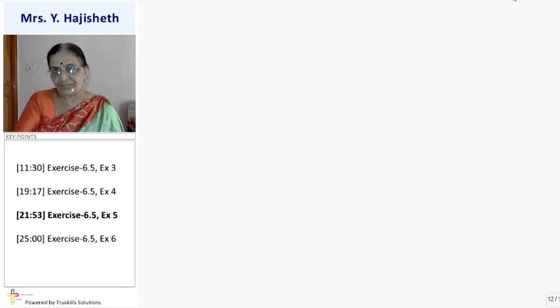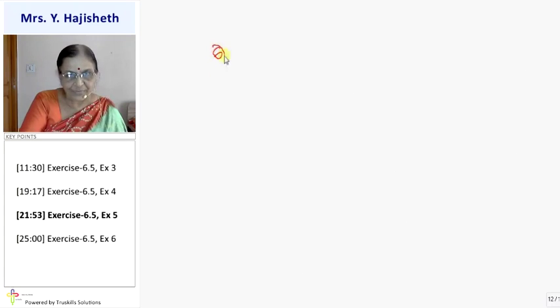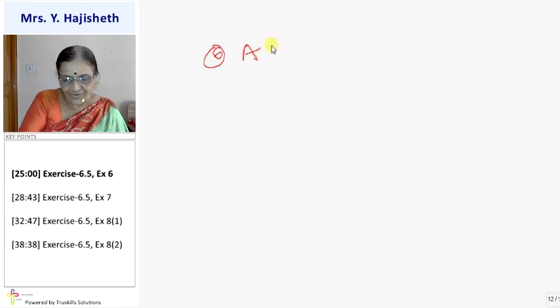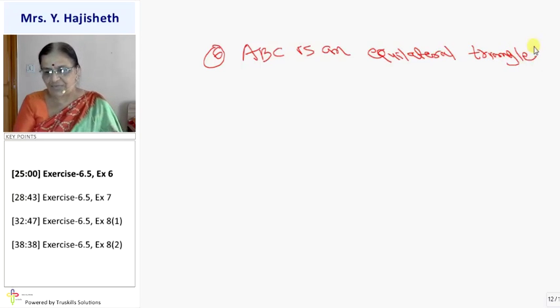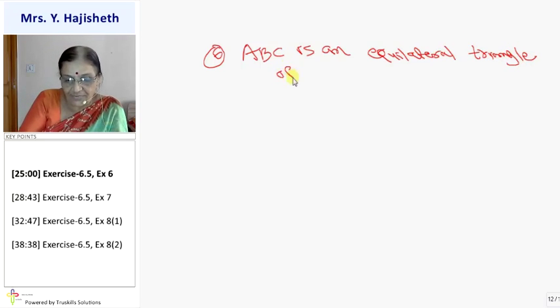Very simple sum. Sixth sum is: triangle ABC is an equilateral triangle. Now, instead of isosceles, an equilateral triangle. Equilateral triangle means all three sides are equal. In isosceles, two sides are equal. Length of each side is 2a units.